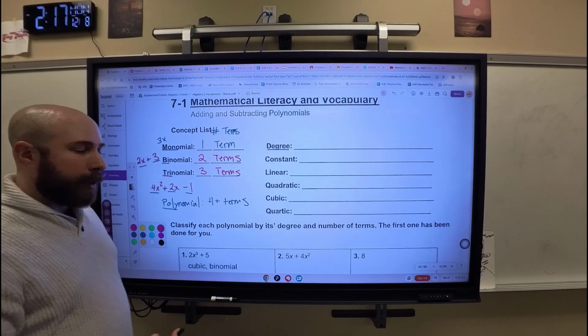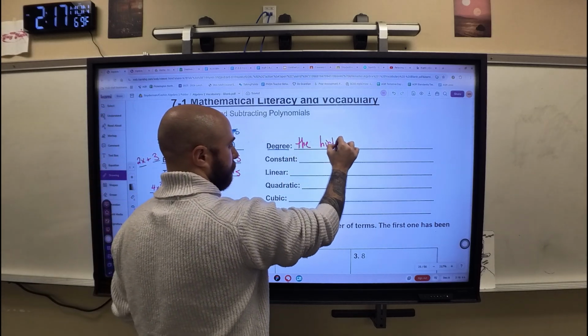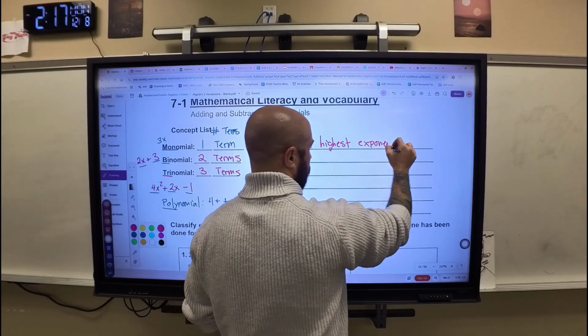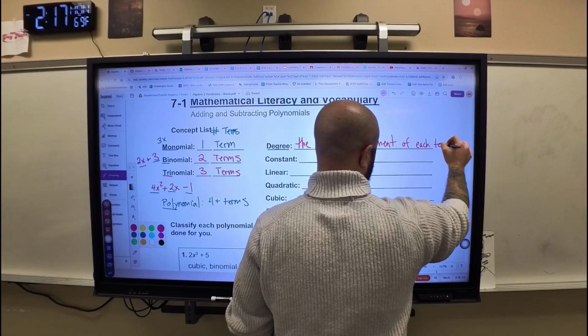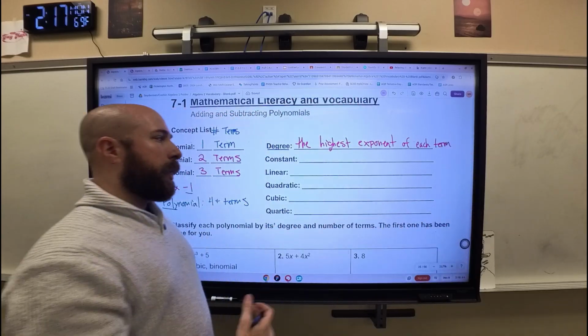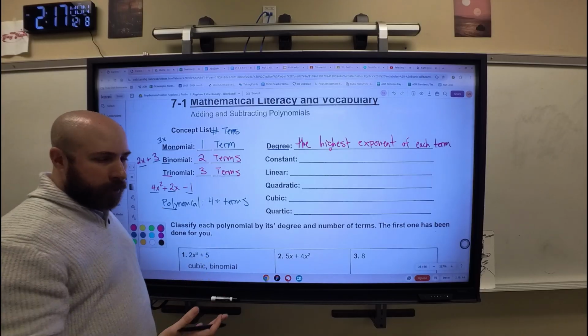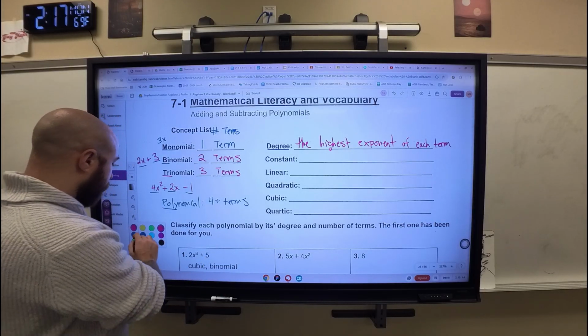Then we have degree. Degree being the highest exponent of each term. So we are basically looking for what is the highest exponent throughout the polynomial, and that tells us what the degree is.